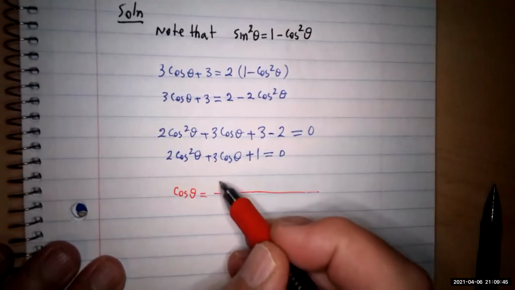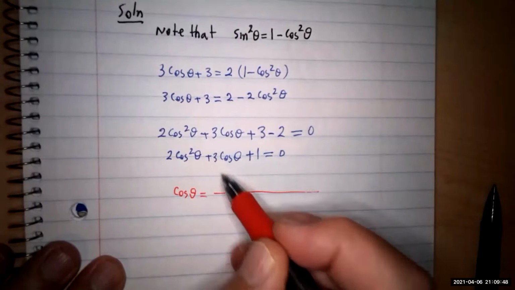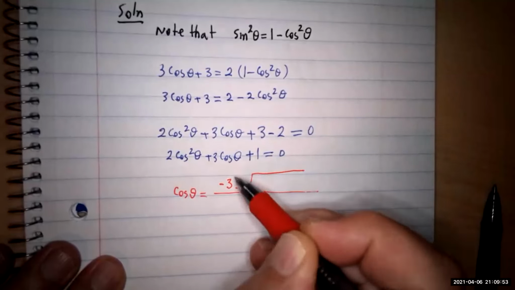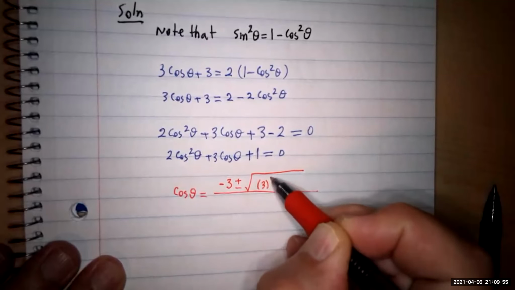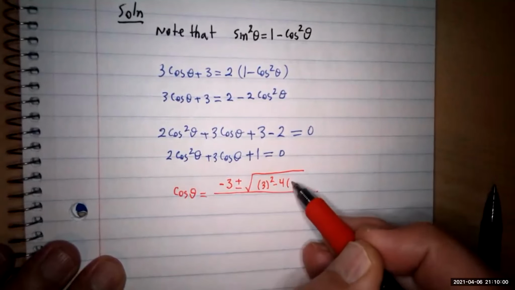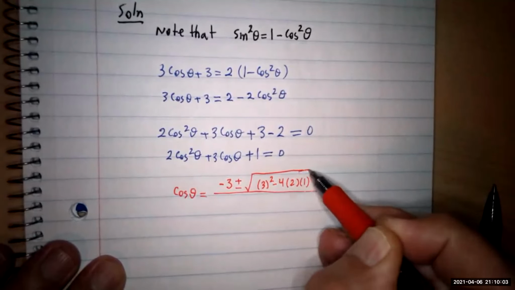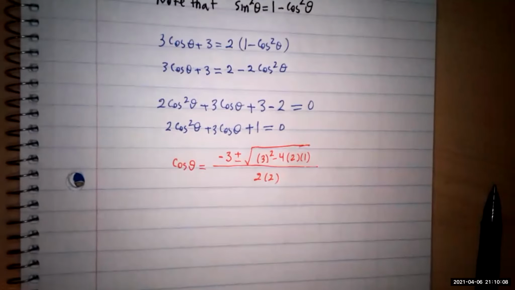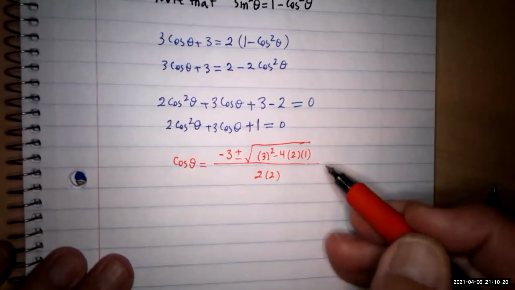It's going to be negative b, and negative b is 3, so negative 3 plus or minus the square root of b squared, which is 3 squared, minus 4ac, which is 2 and 1, divided by 2a, 2 times 2. Any question? You can change it to u if you like, but this is an option. We did it to show you how we change it, but otherwise, make sure to start with the cosine.